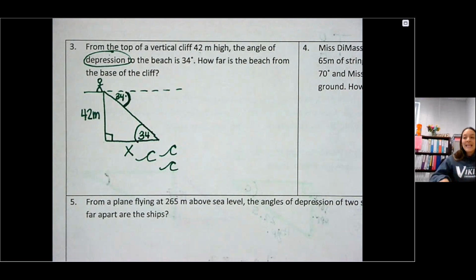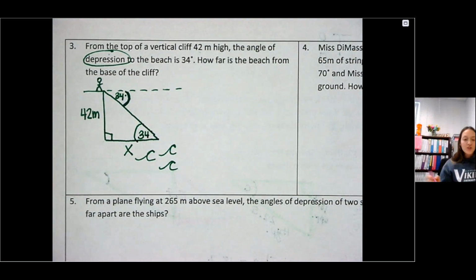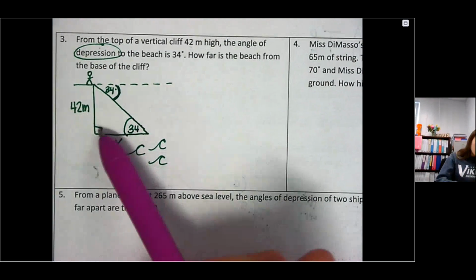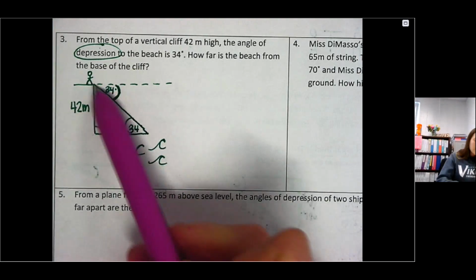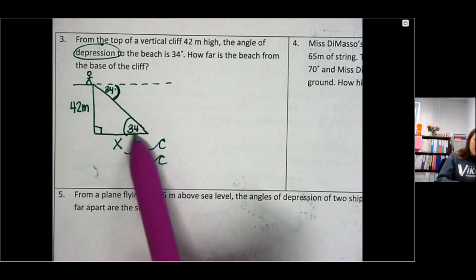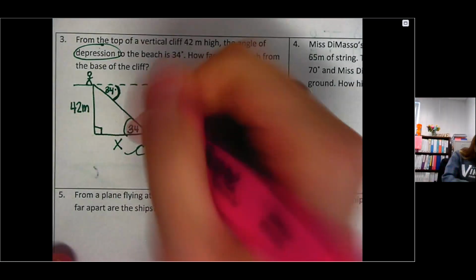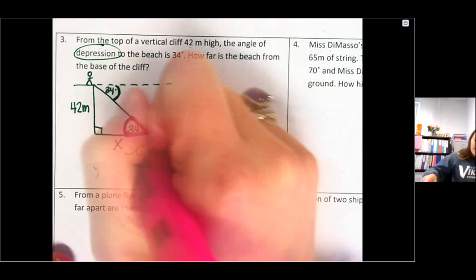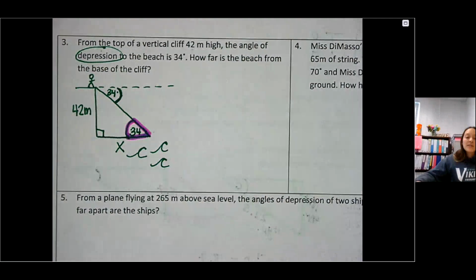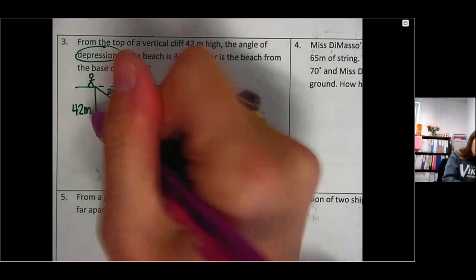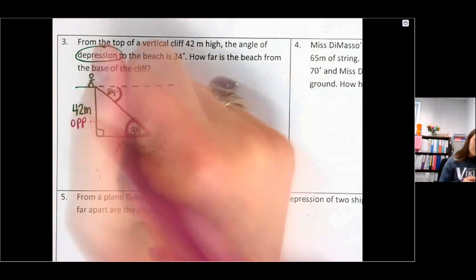Now, this is just a regular trig problem, and so we label our sides. I don't have a hypotenuse label because there's nothing across from the 90. This 34 at the bottom is my reference angle. The opposite side is the one across, so that would be the 42. That's my opposite.